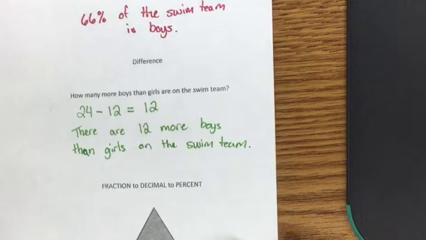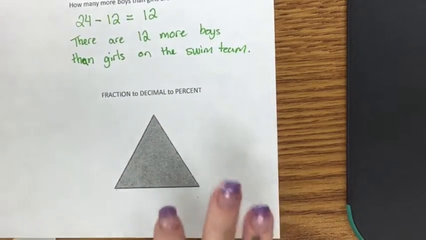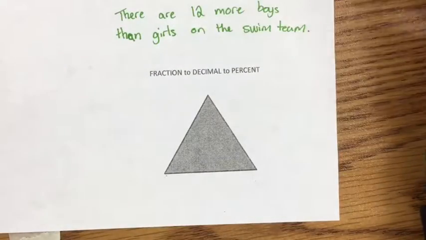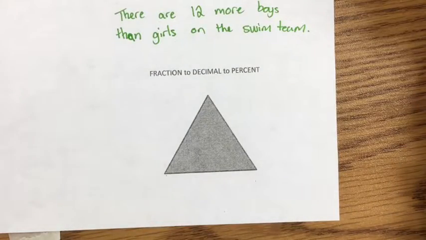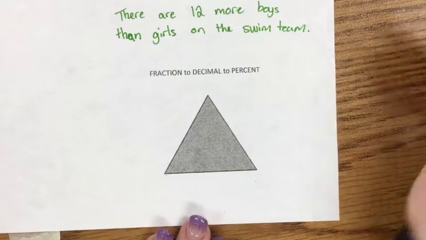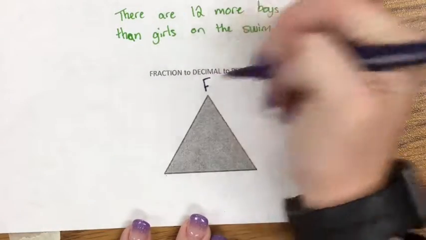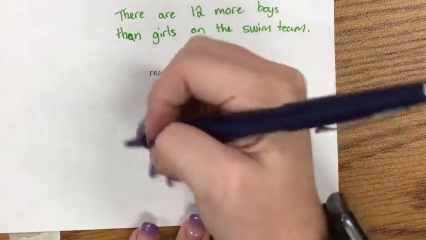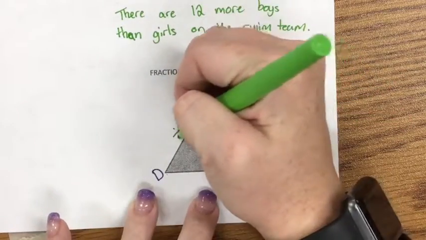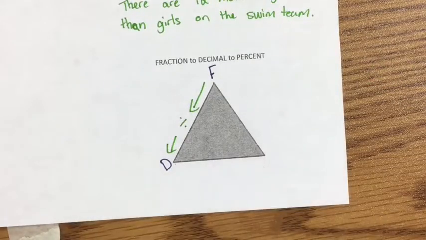So we've talked about fractions, decimals, and percents as ways we can write ratios, but something we have to be able to do is convert fractions to decimals to percents. So we have this fun triangle to help us remember how to do it. To go from fractions to decimals, all we do is divide. To get from a fraction to a decimal, you gotta divide it.